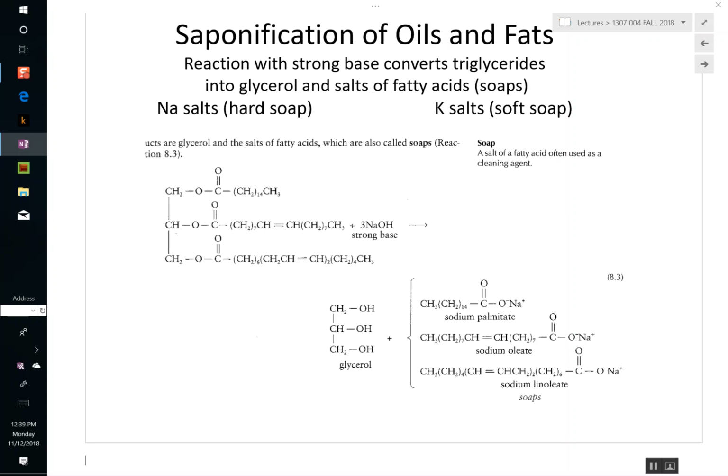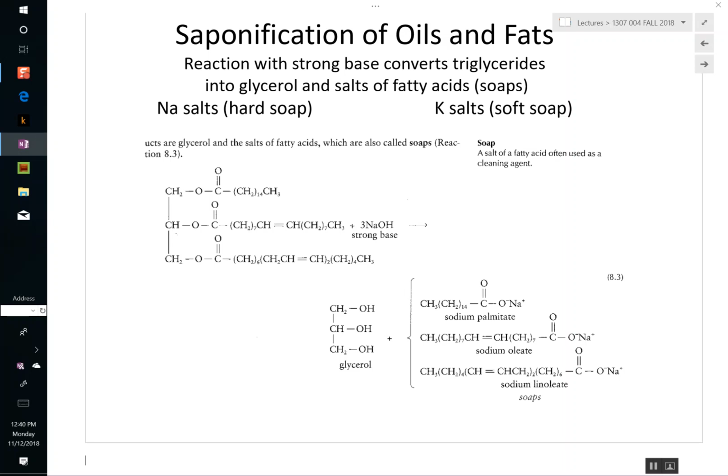Well, on this chapter there are tons of molecules. I don't expect you to know how to draw all of those molecules. The triglyceride is the one that I do expect you to know in more detail than anything else: what a fatty acid is, what a triglyceride is, and what it looks like.